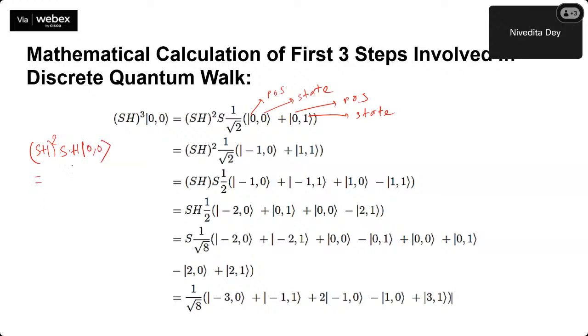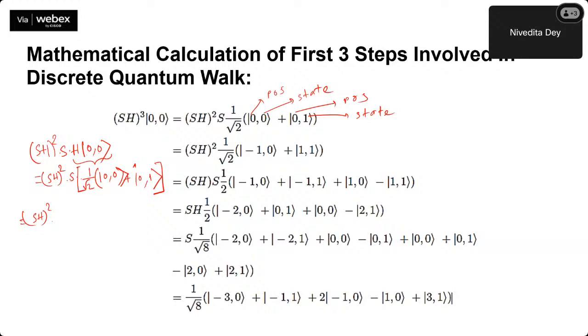I'm just writing a few lines so that you understand it. So this will be nothing but 1 by root 2 times 0, 0, where this 0 is as it is, plus 0, where the first 0 is as it is and the second 0 will now become 1.